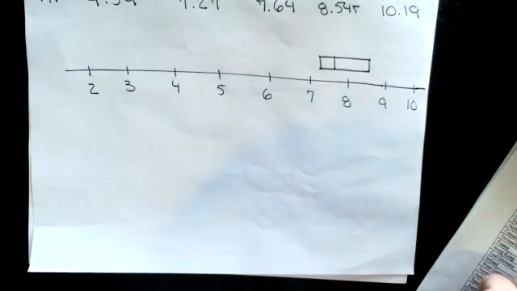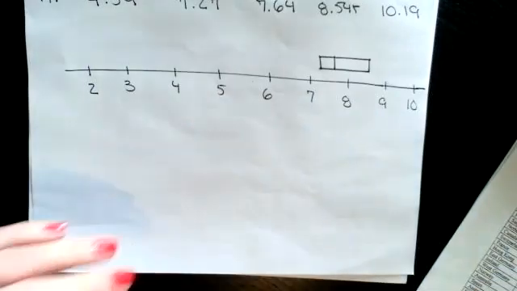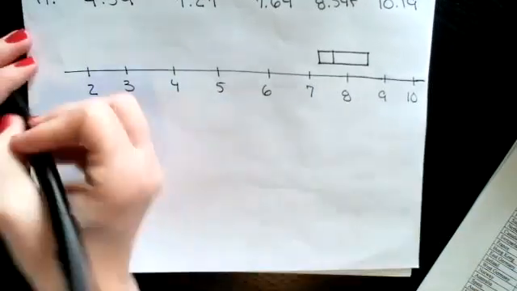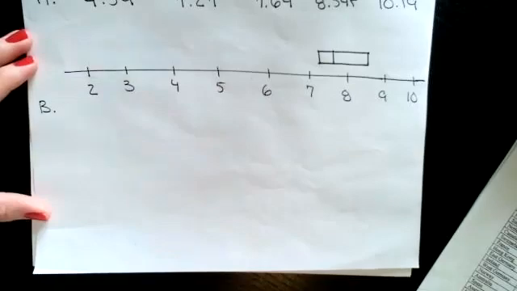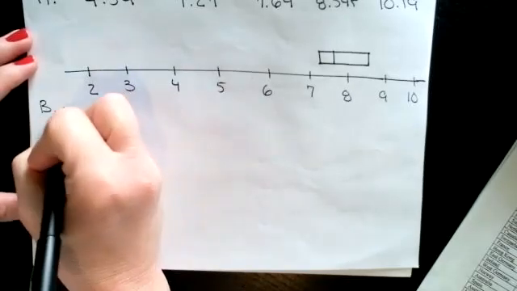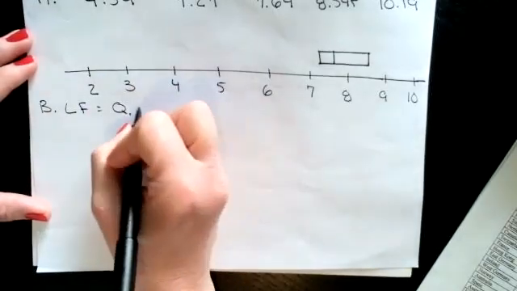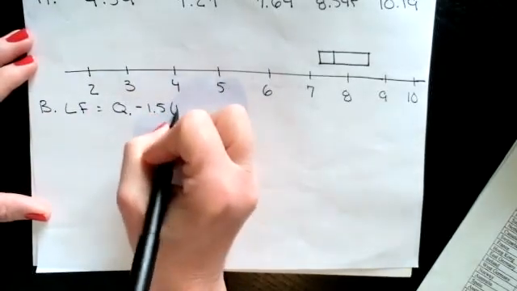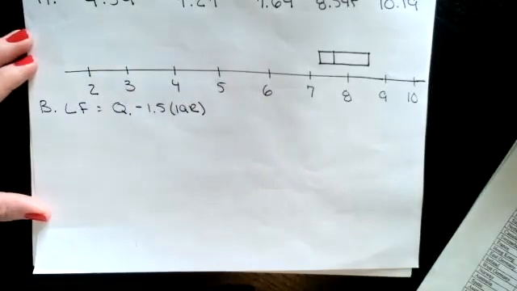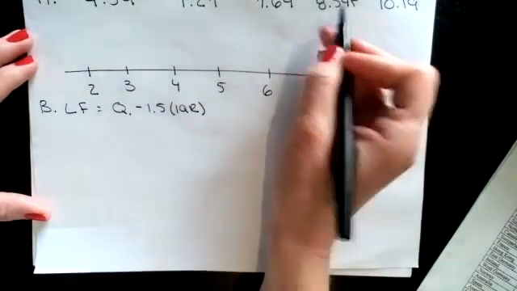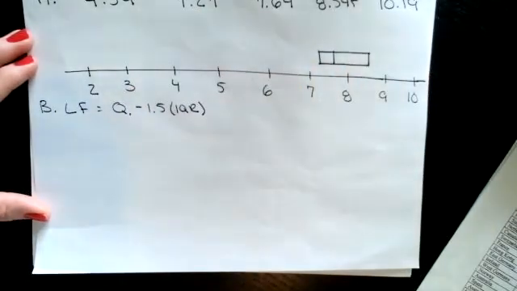In part B, it says in the box plot, any rates below or above. So this is calculating my outliers, my fences, my cutoff values. Remember, for the lower fence, this is quartile 1 minus 1.5 times the IQR. IQR is quartile 3 minus quartile 1.